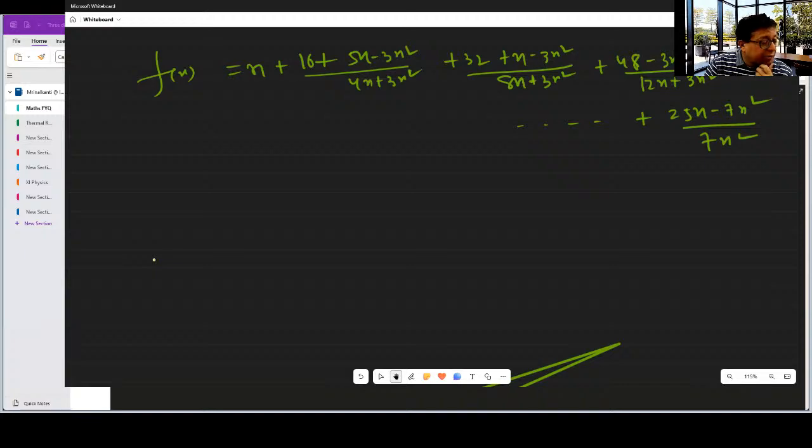This sum came in JEE Advanced 2022. Your problem is to find limit n tending to infinity Fn.